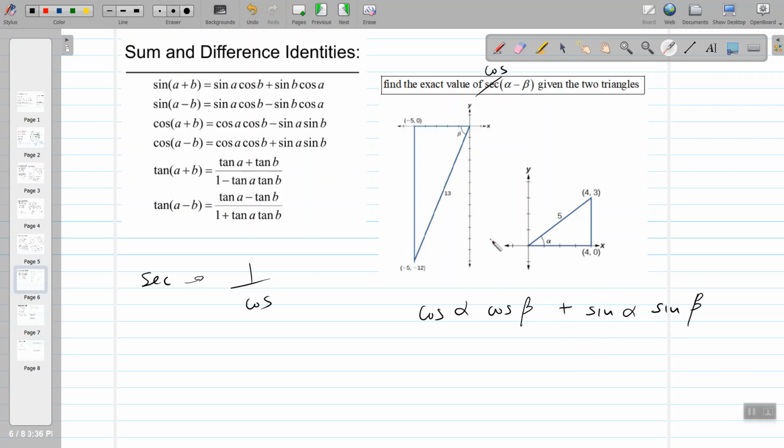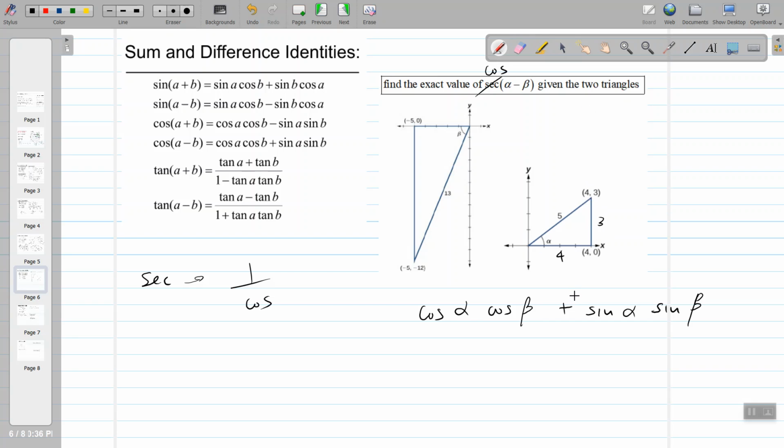Obviously the alphas require me to look at the alpha picture. When we look at the alpha picture, it tells you that this hypotenuse length is 5. You can tell from the diagram that if this is 4, 0 and this is 4, 3, that's got to be 4 and that's got to be 3 over here.